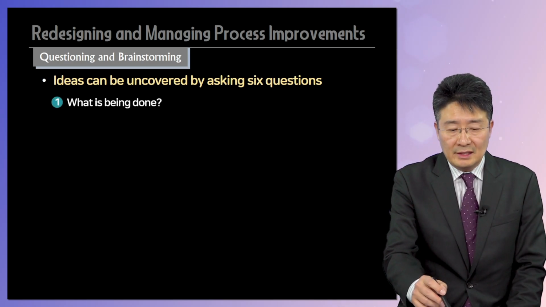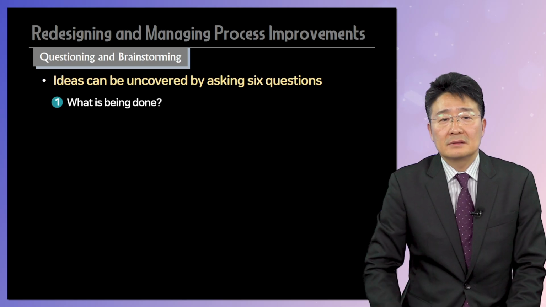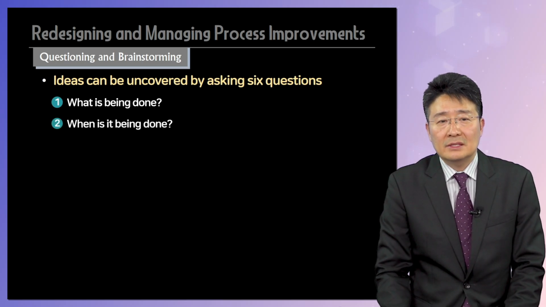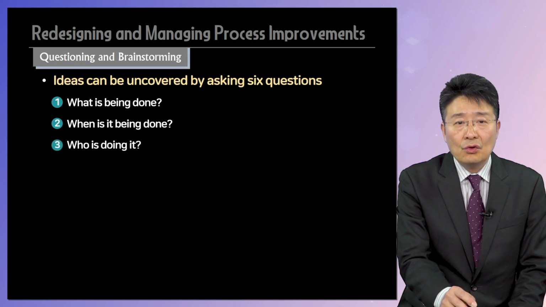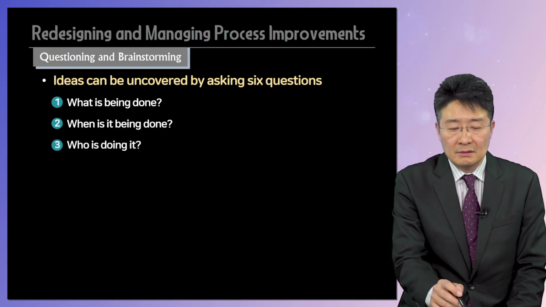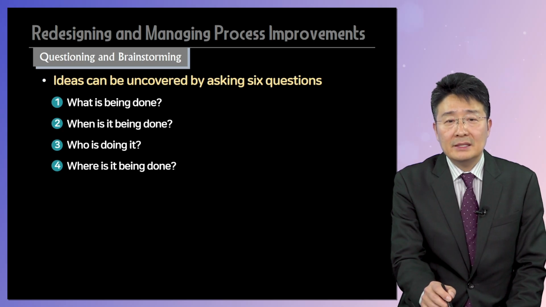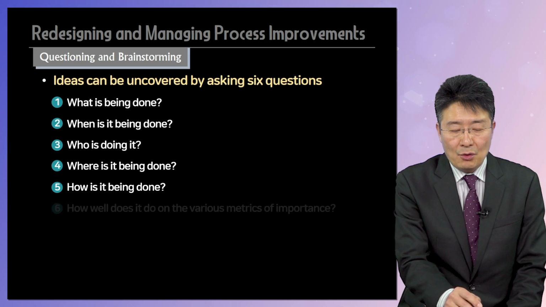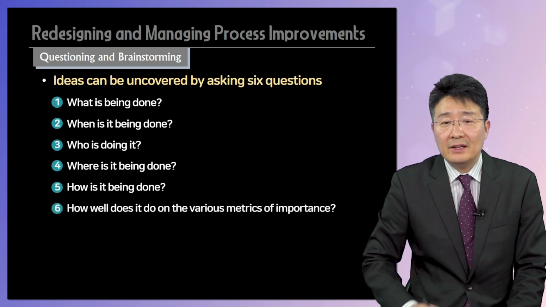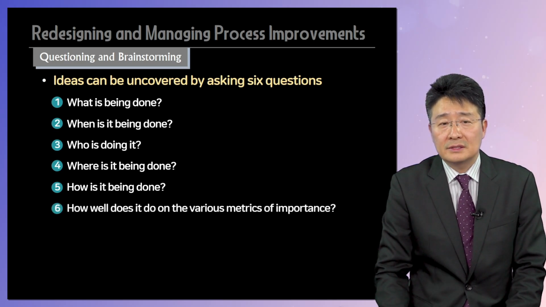The first question is, what is being done? The next question is, when is it being done? Who is doing it? Where is it being done? How is it being done? How well does it do on the various metrics of importance?